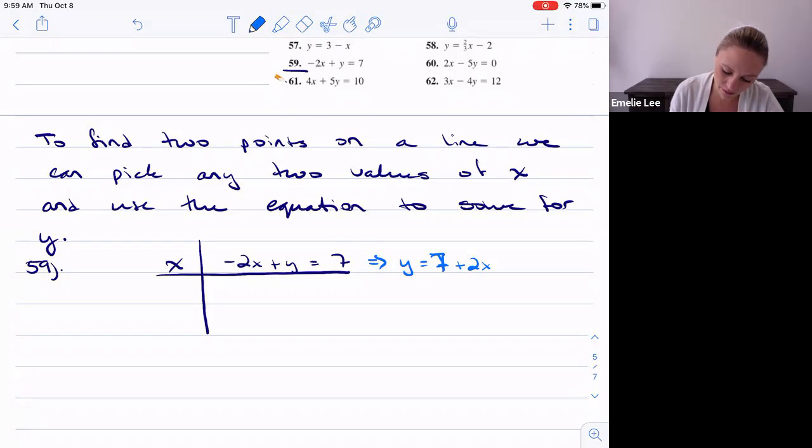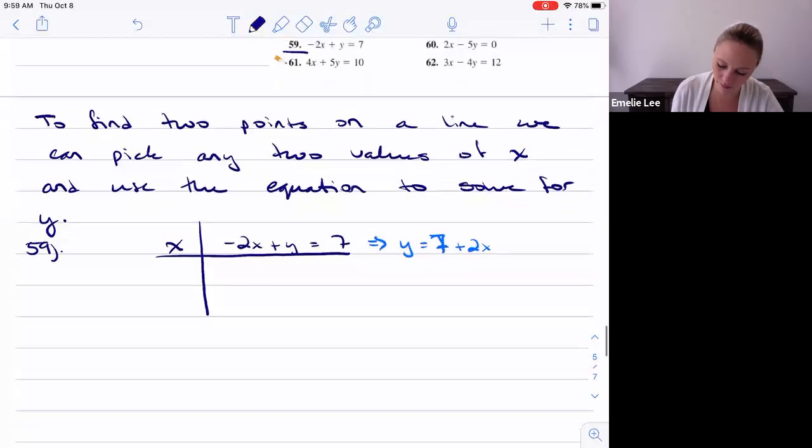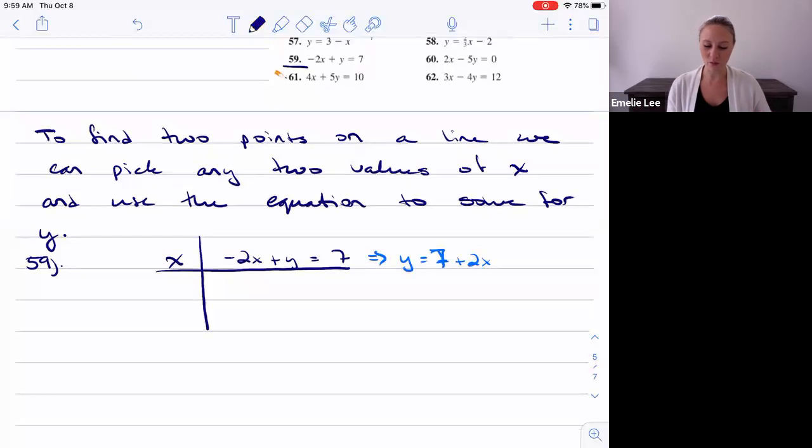So now, I want to pick easy values of x to plug in here. So I'm looking here, what's an easy value? Well, x equals 0 is a really easy value, right? And especially if I'm drawing a graph, then x equals 0 is nice and accessible. And so x equals 0 is one of my go-tos, right?